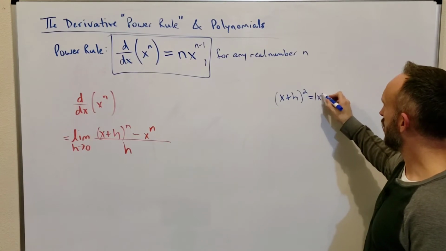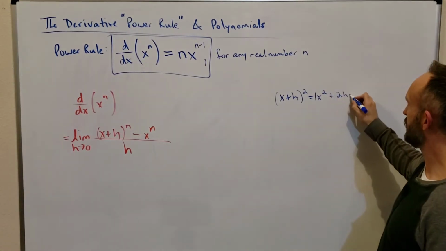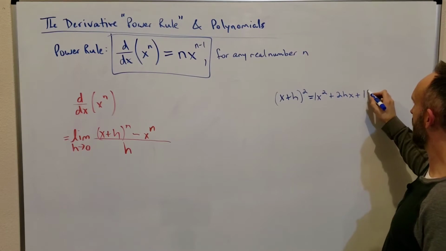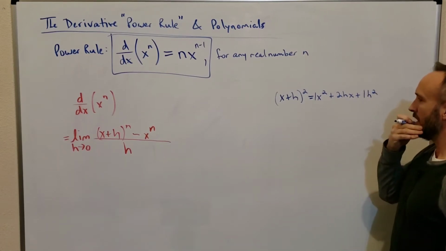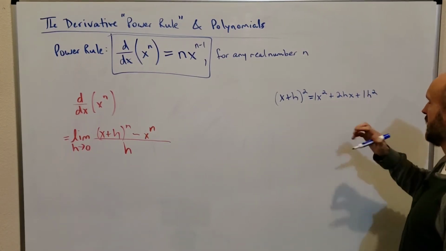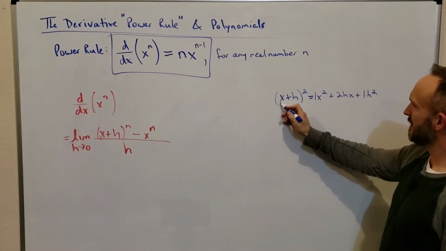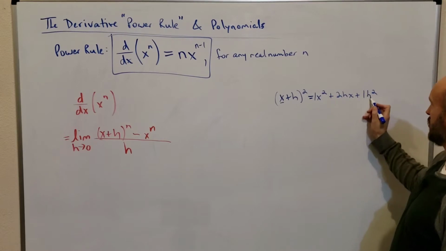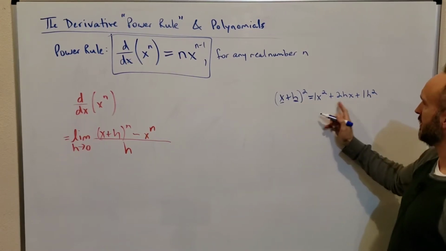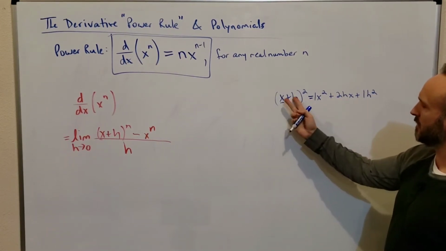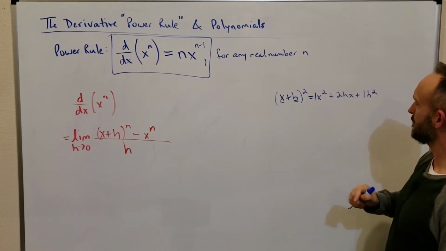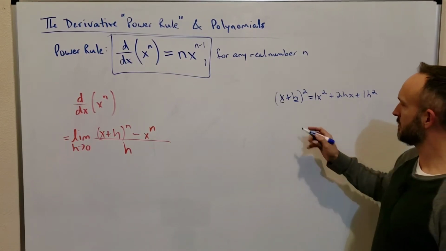You'll get 1x squared plus 2hx plus 1h squared. So pretty interesting. Some patterns that are happening here is your first term is this guy squared, your last term is this guy squared, and your middle term is a combination of h's and x's. We'll point out some other patterns as we look at some others.